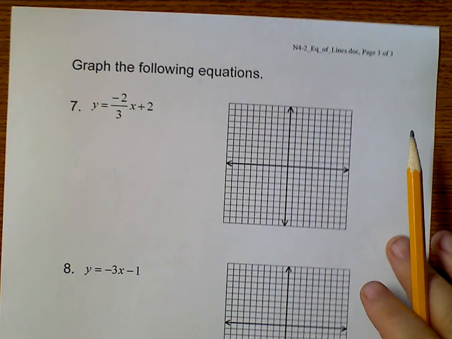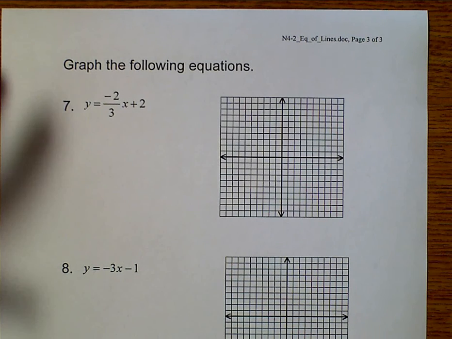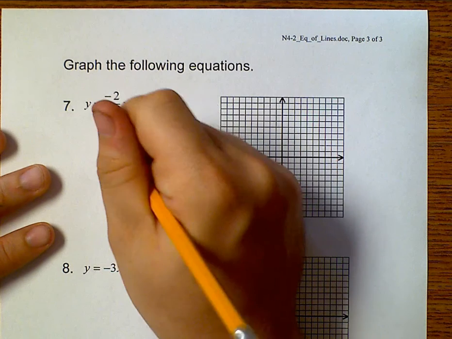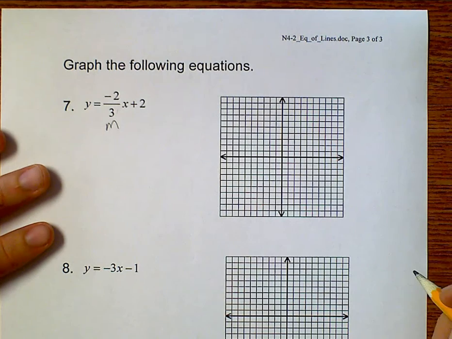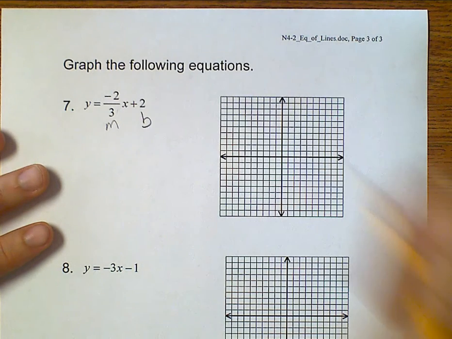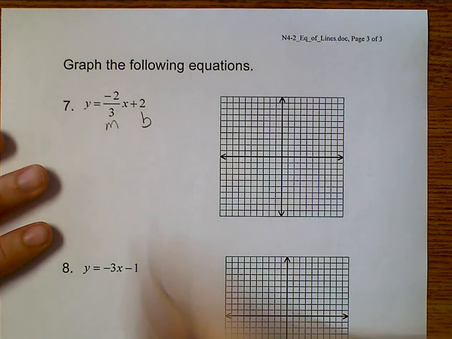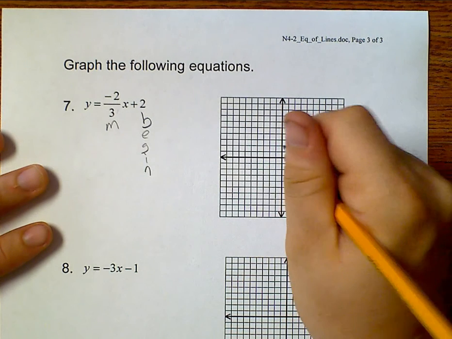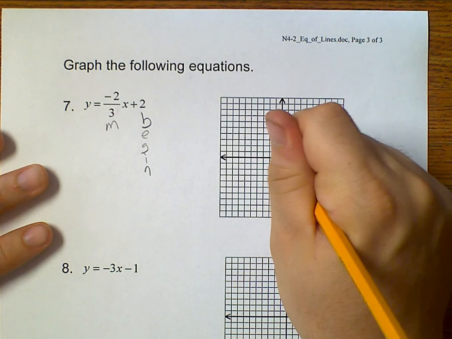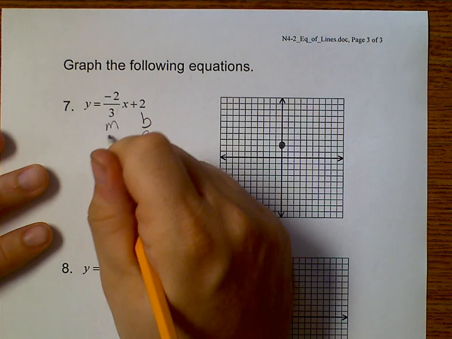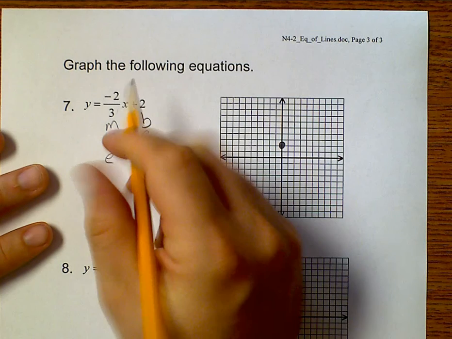And here we're just going to review how to graph lines. So the negative 2/3, that's my slope. The 2, that's my y-intercept. So I begin at 2 on the y-axis, and I move negative 2, 3.